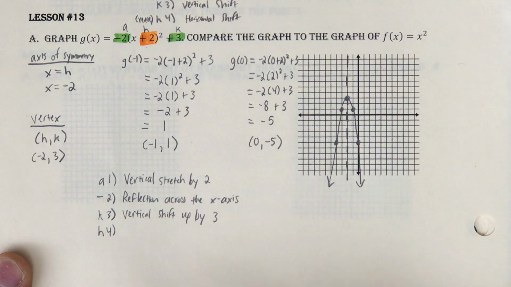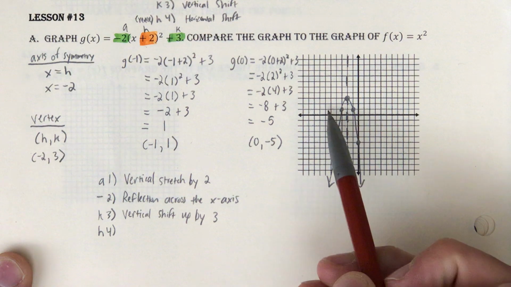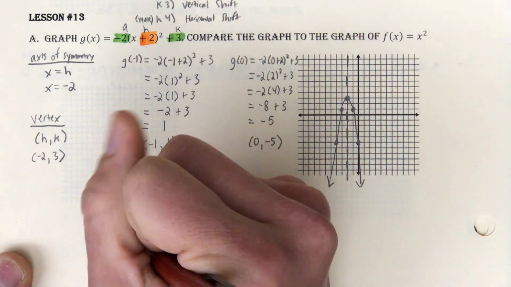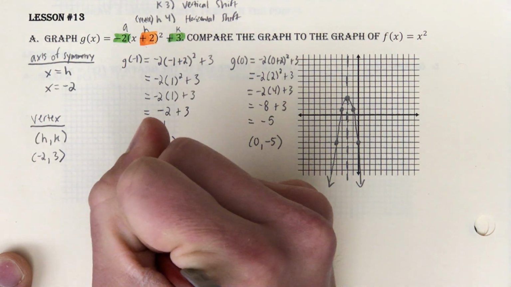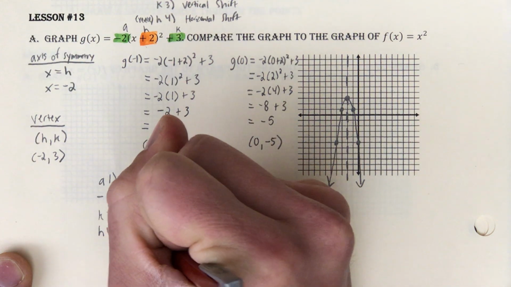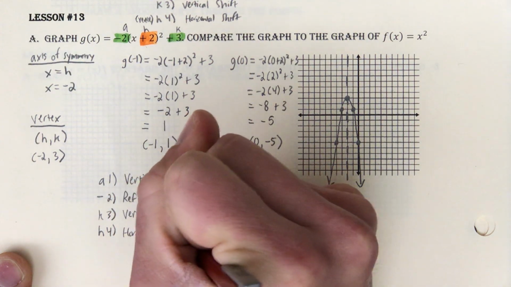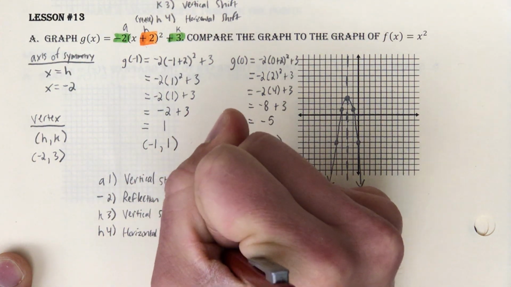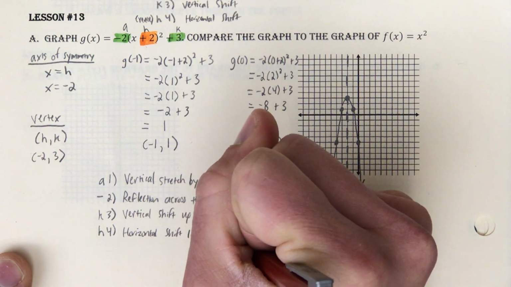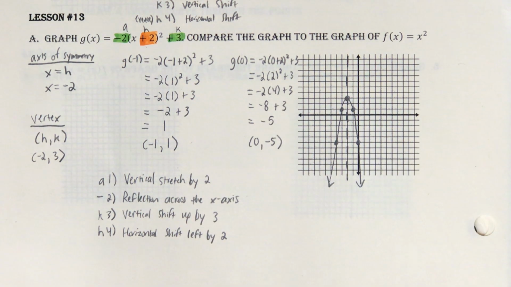So instead of positive 2, it was negative 2, and negative 2 is a move to the left. So we had a horizontal shift left by 2. All right, and that is how we graph the quadratic functions in vertex form. That is how we describe the comparisons.